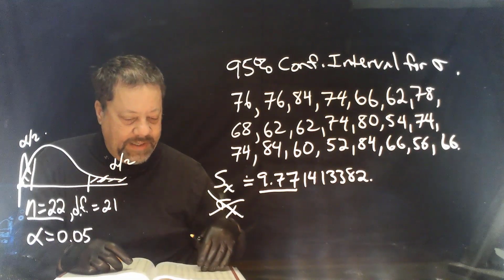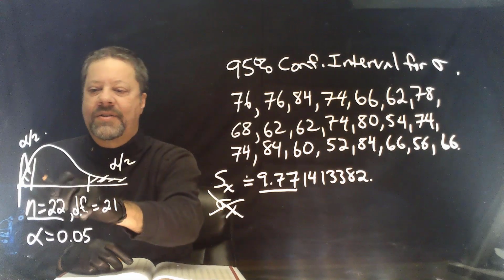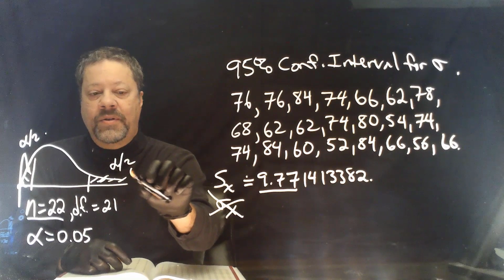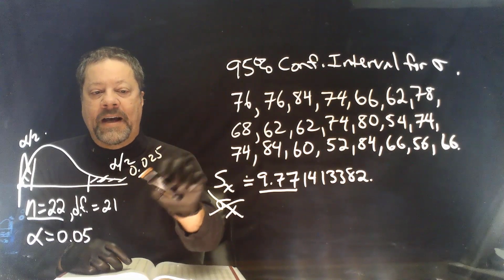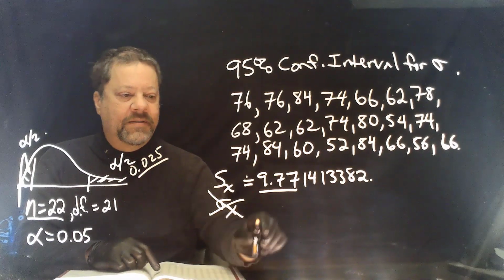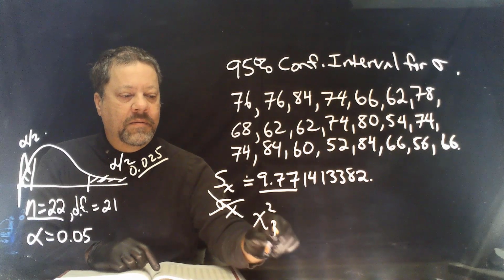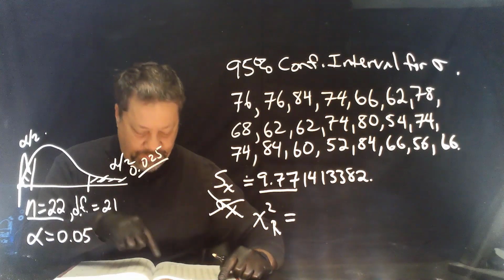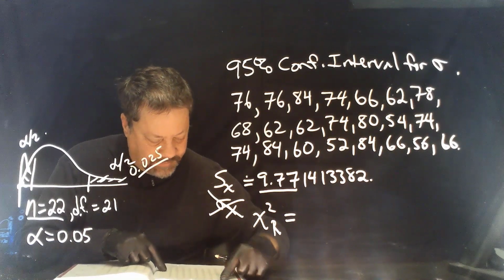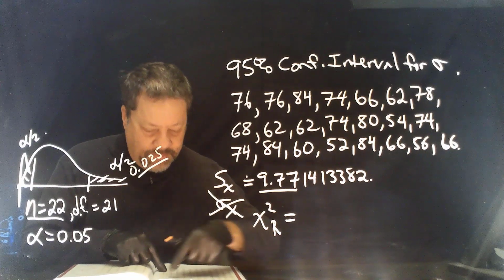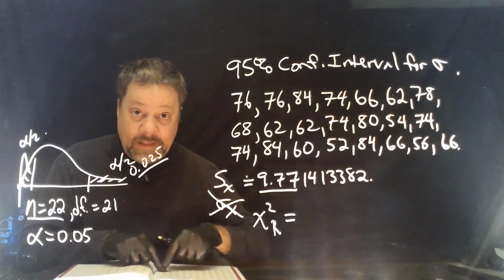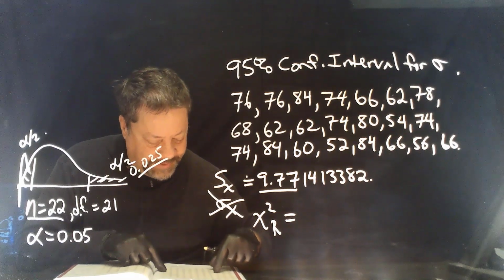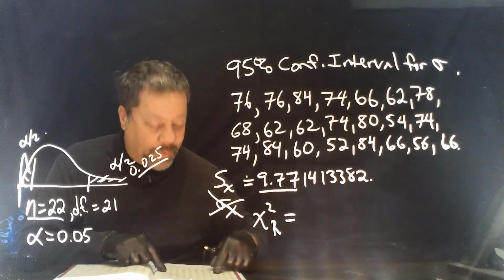The table only gives you right tails, so we're going to look up 0.025 for the right-tailed, with the degrees of freedom equal to 21. We go degrees of freedom down the left column, and across the top row we have 0.025, and we're getting 35.479.